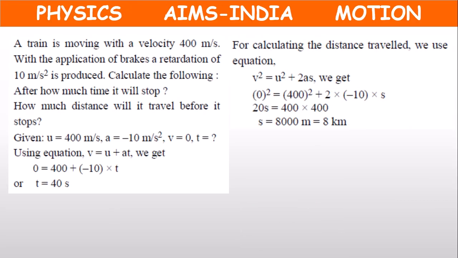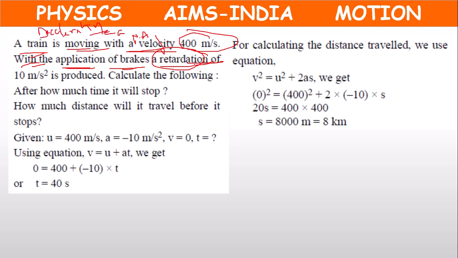Next, another example. A train is moving with a velocity 400 meter per second. With the application of brakes, a retardation. Here retardation means negative acceleration, or minus A. It is also called as deceleration, meaning decreasing of velocity.